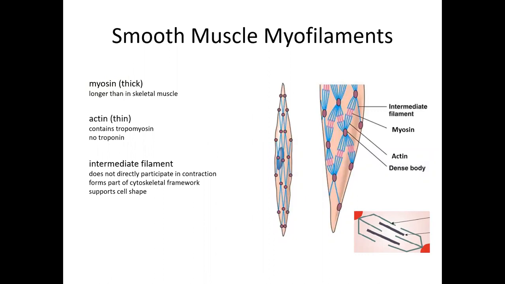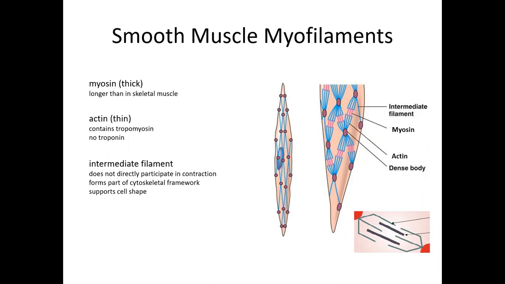And now we have a third type of myofilament called an intermediate filament. As opposed to actin and myosin, the intermediate filament has nothing to do with the actual muscle cell contracting. It's going to form this cytoskeleton element, which in a few slides we'll see the importance of, to support the shape of the cell.